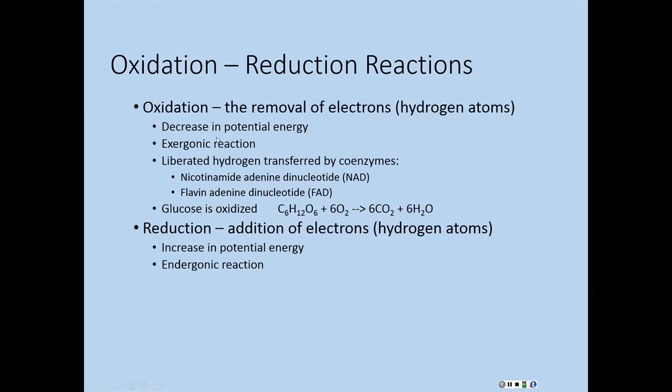In other words, when hydrogens are given up, they're going to be carried or transferred by these coenzymes. So what we'll do is oxidize glucose, release some energy from it. So what happens to the hydrogen atoms? Then some other molecule, in this case the NAD and FAD, will be reduced. And this will start to make more sense once we start looking at these reactions.